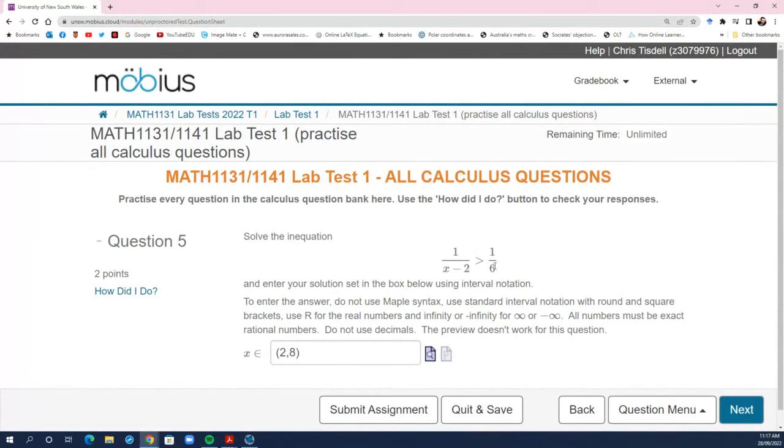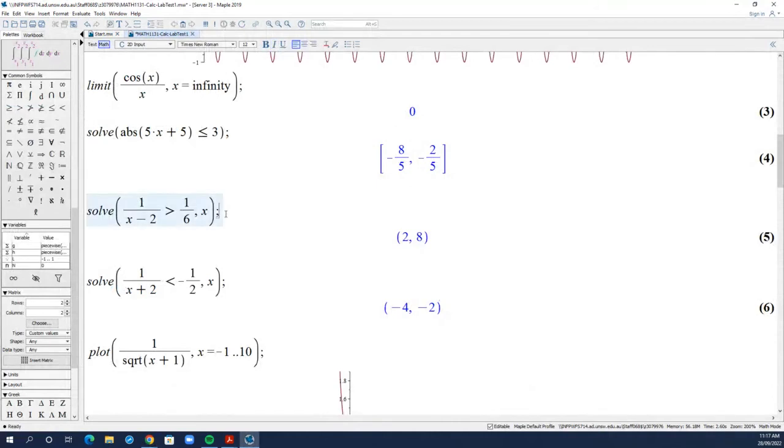So here's a slightly different one. So there's a couple of ways of doing this problem. You can multiply both sides by (x - 2) all squared and rearrange. If we're doing it in Maple, you can see here, I'm solving it, and look, it gives me the open interval 2 to 8.